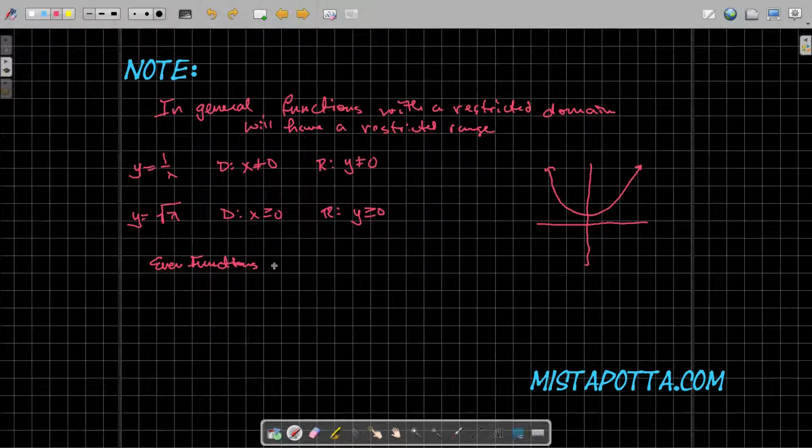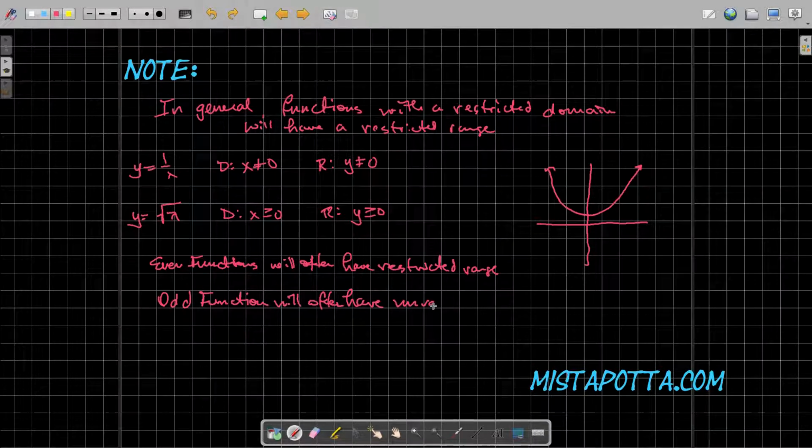So even functions will often have a restricted range. Odd functions will often have unrestricted range.